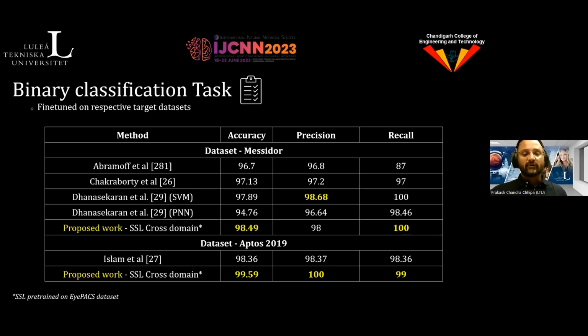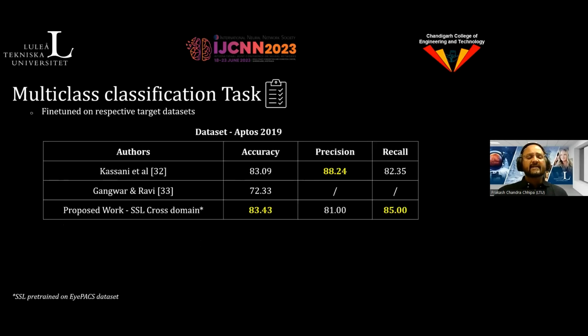Similarly, for the APTOS dataset, we could see on all 3 metrics we are able to outperform the previous work. Similarly, for the multi-class classification task on the APTOS dataset, by utilizing self-supervised representation learning and the knowledge transfer, we can improve the results overall.